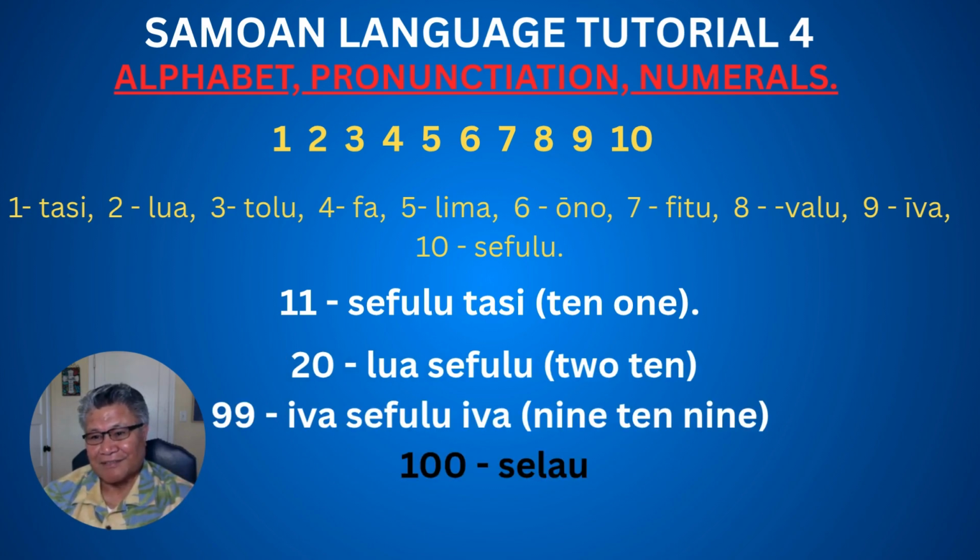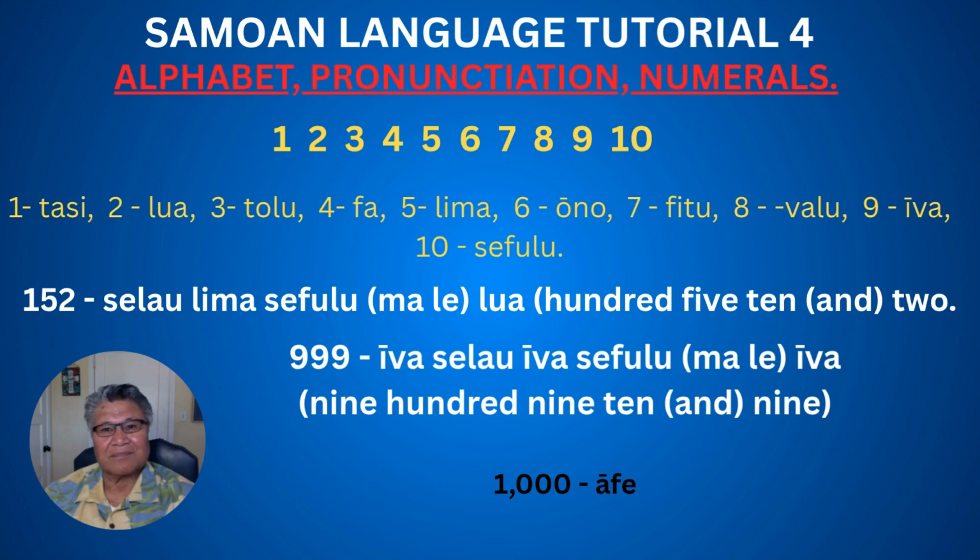Now, 99: iva sefulu iva. 9, 10, 9. That's 99. And the next number is selau, 100. And then we start again. So let's go 152: selau, lima sefulu, lua. 100, 5, 10, 2. Selau, lima sefulu, lua.